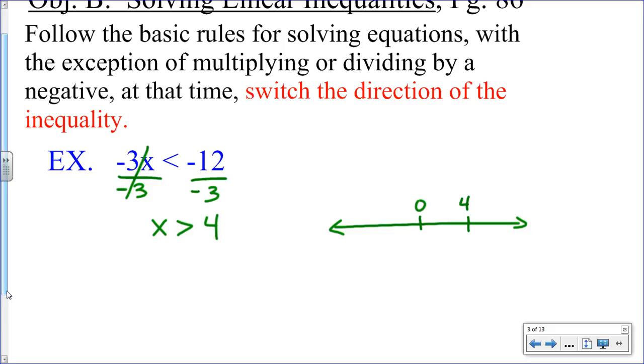Right. As long as x is on the left, you can think of your inequality like an arrow. So I'm pointing to the right. So I'm shading right of 4. Am I including 4? So would I use bracket or parentheses? Parentheses. So that's the interval that I need to write.